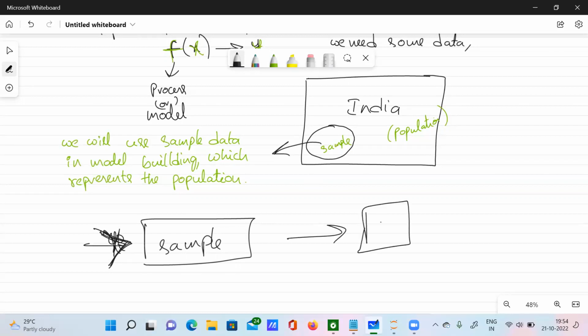These results will represent the whole population here. Why? Because the sample data was collected from the population itself. So if we get the results from this particular sample, these outputs are nothing but the representation of the whole population here. Did you get that?